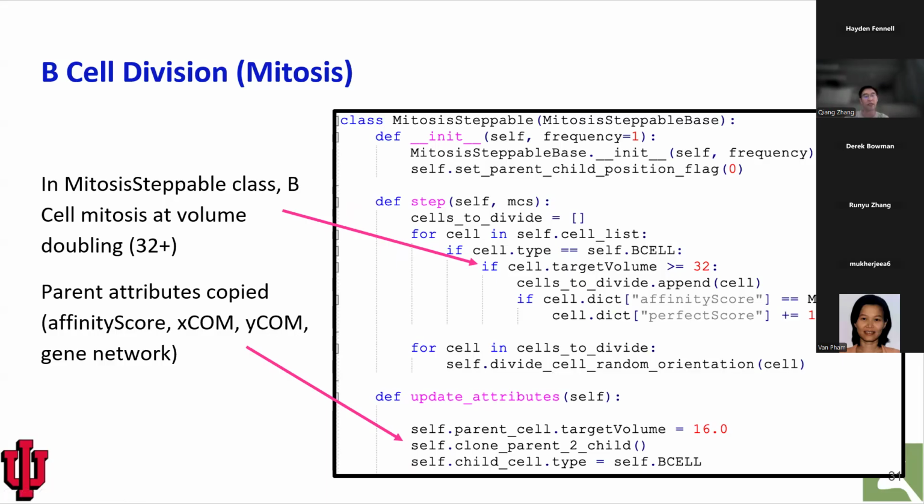Every other thing is inherited, for example the affinity score, the XY coordinates, etc.